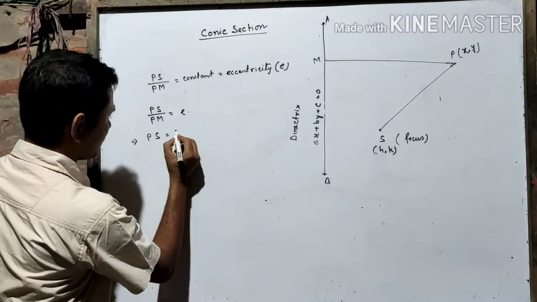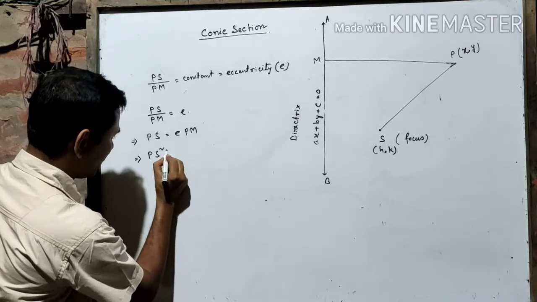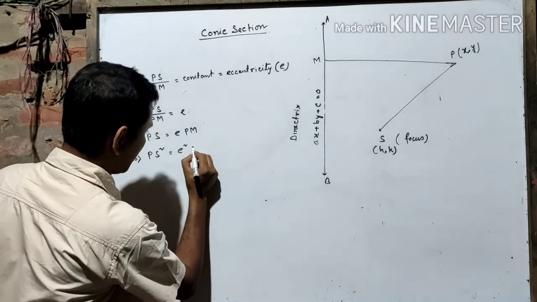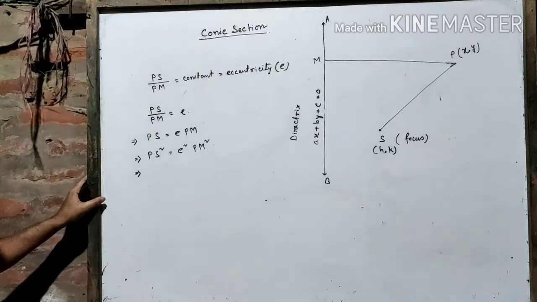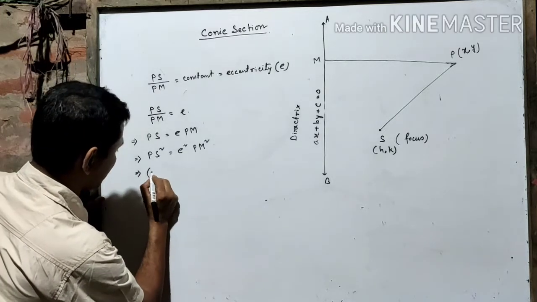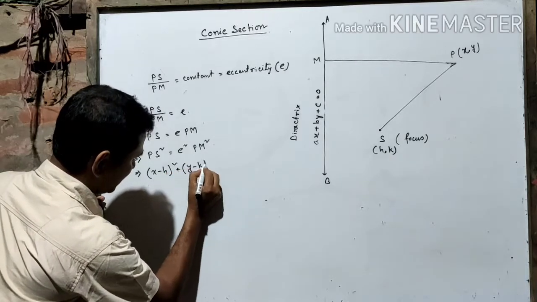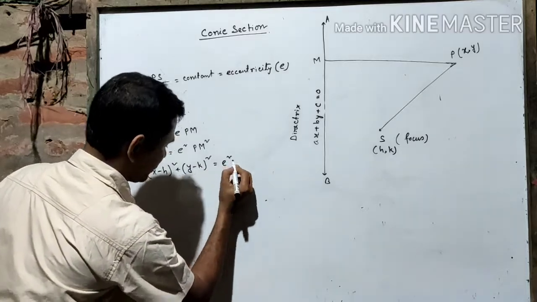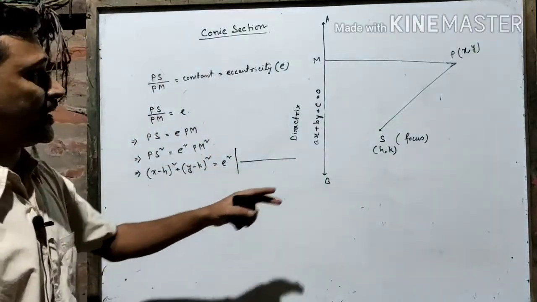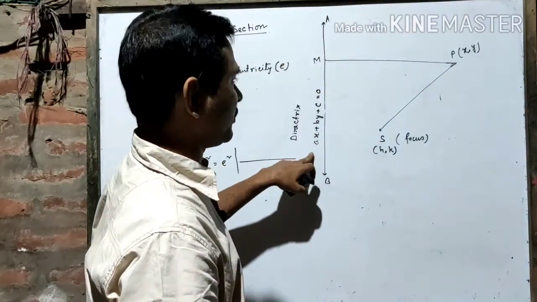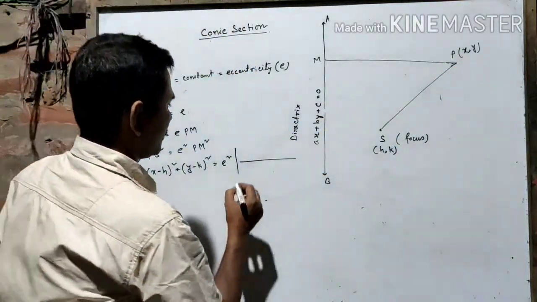Or else we can write PS = e PM. On squaring, PS square is equal to e square PM square. Now what is PS square? PS is the distance between P and S, so it can be written as (x - h) whole square plus (y - k) whole square is equal to e square into PM square. What is PM? PM is the distance of the straight line ax + by + c = 0 from the point (x, y).